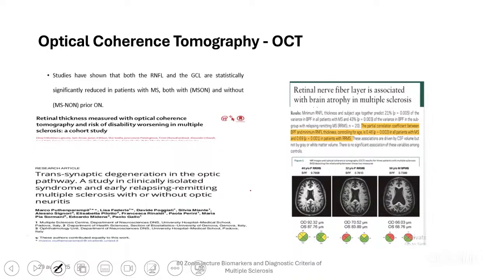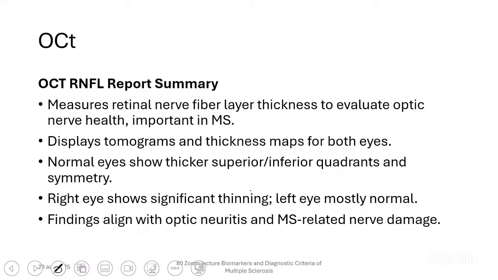So there are studies which said that retinal nerve fiber layer is associated with brain atrophy and multiple sclerosis. The transsynaptic degeneration in the optic pathway leads to the thinning. Clinically, this has been established by studies, and these studies have shown that both RNFL and ganglion cell layer are statistically significantly reduced in patients with MS, both with and without prior optic neuritis.